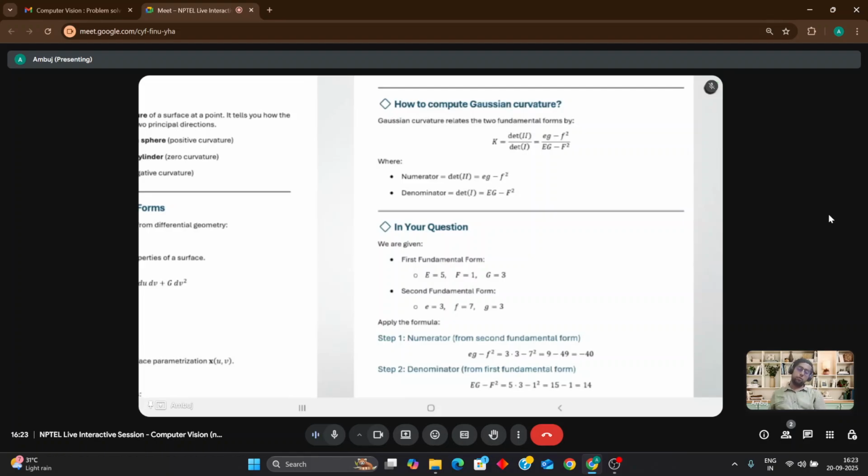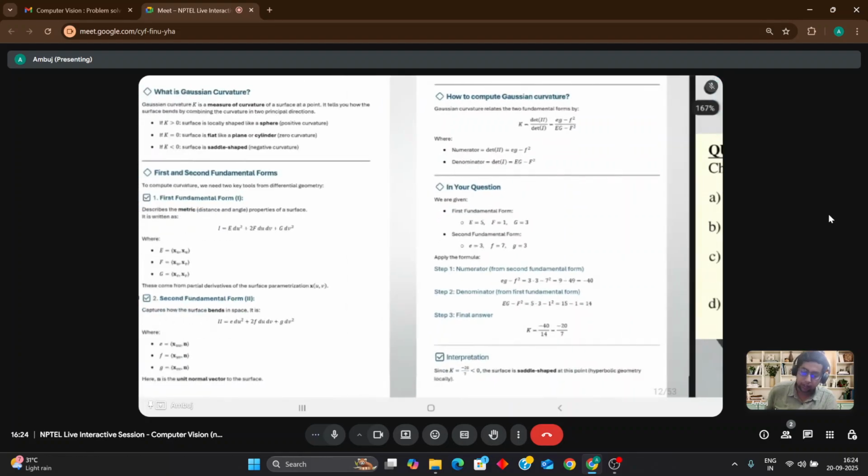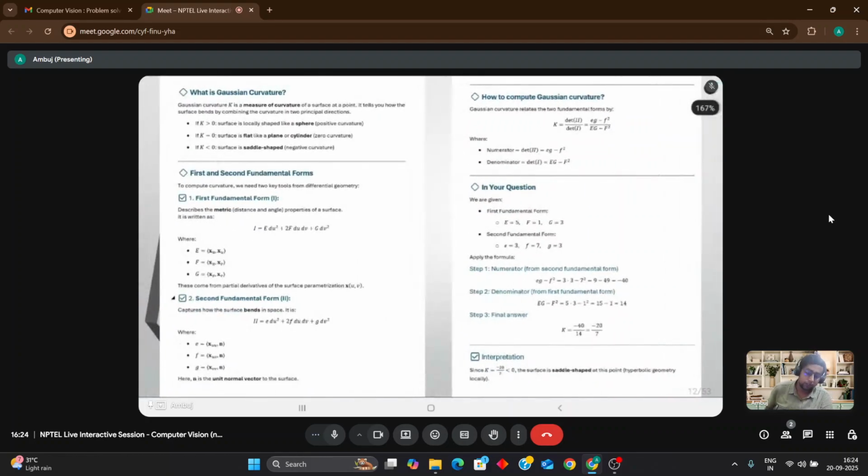In your particular problem, you have been given capital E is 5, capital F is 1, capital G is 3, and the second fundamental form is small e equal to 3, small f equal to 7, small g equal to 3. Now you just have to apply the formula in the numerator as well as the denominator, and you write minus 40 by 14. That will give you minus 20 over 7.